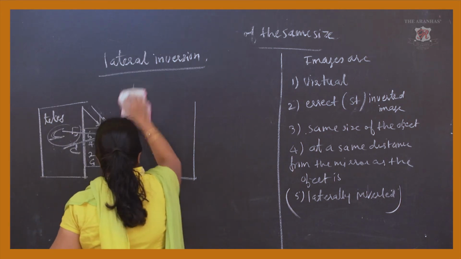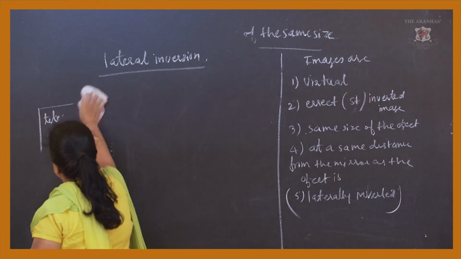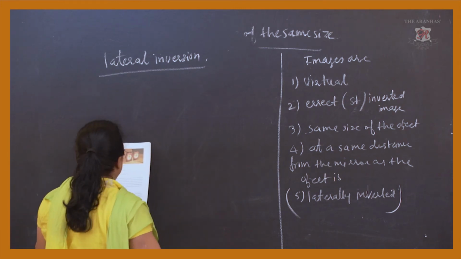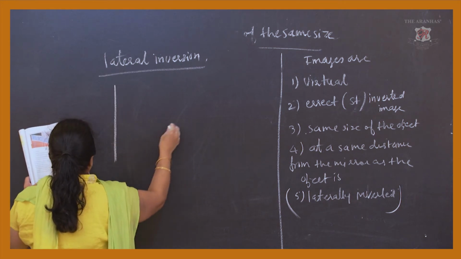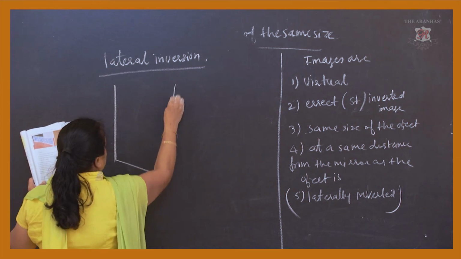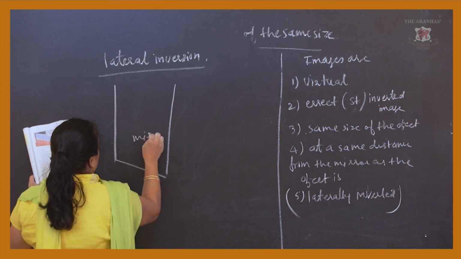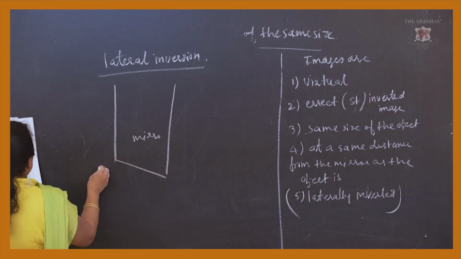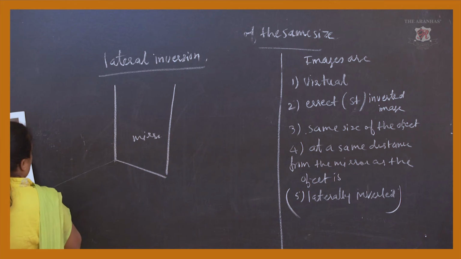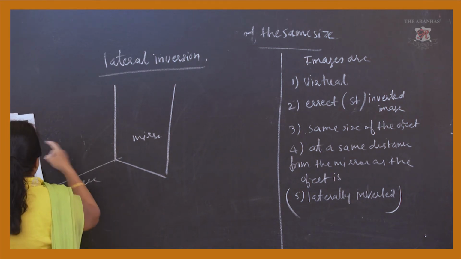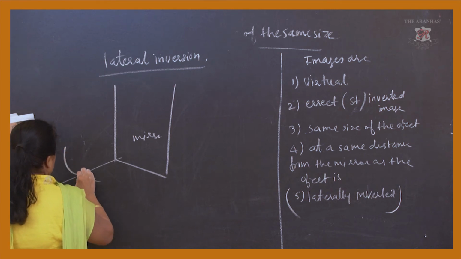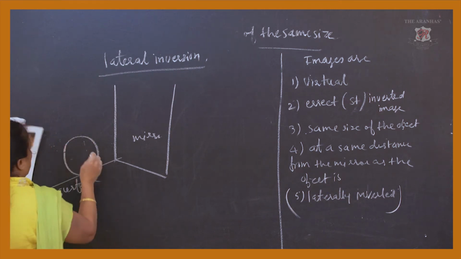Or in your textbook, you might have seen that there is the mirror. This is the mirror, and this is the surface, maybe wooden or anything. And here you can also see there is a clock which is being kept over here.